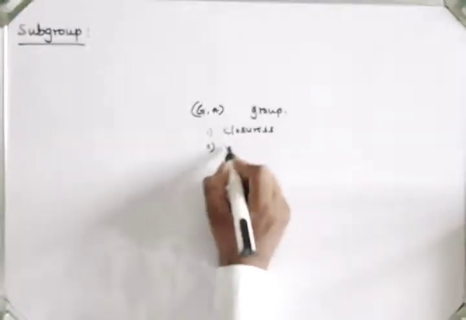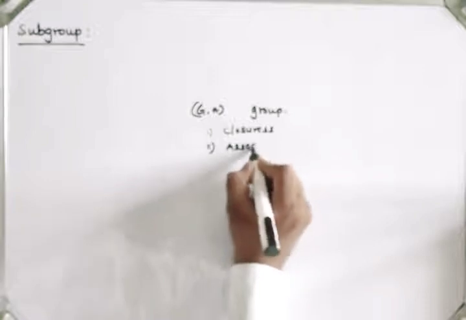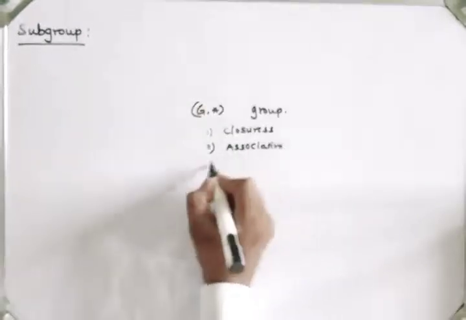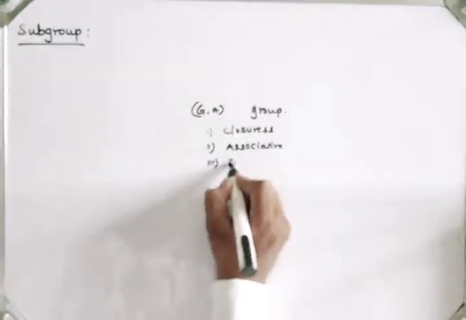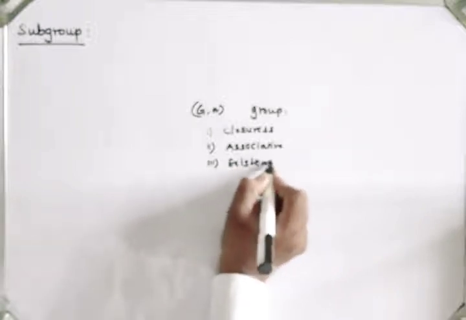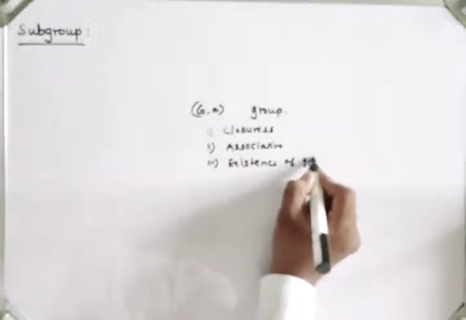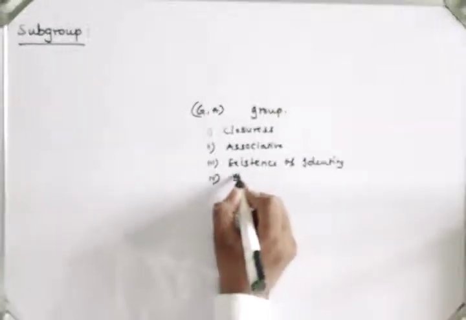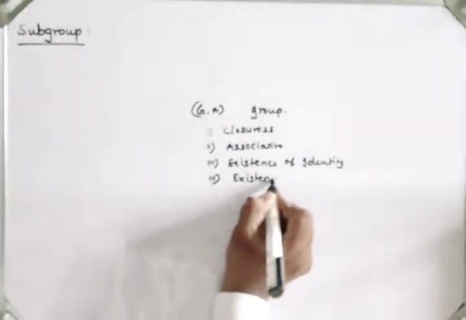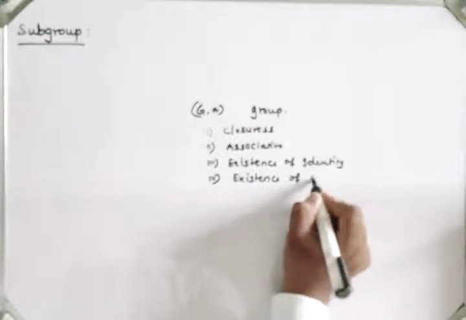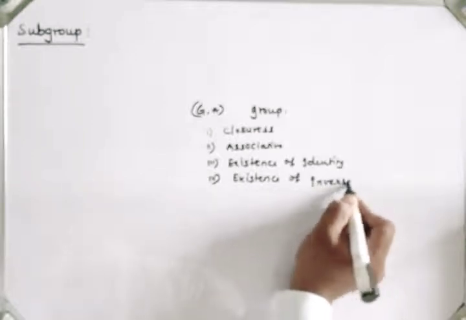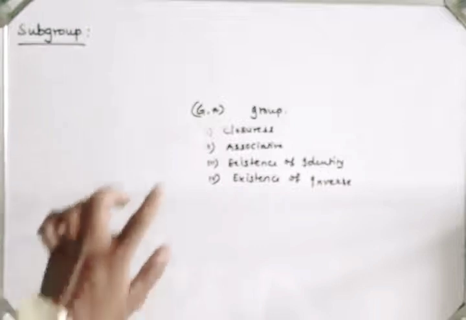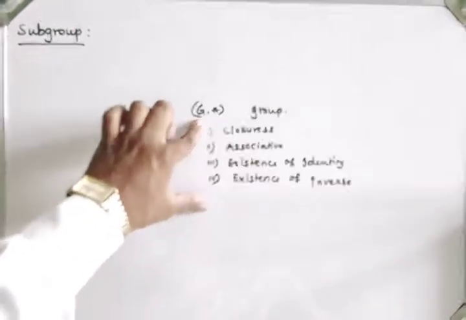Second, associativity in G is satisfied, meaning G is associative. Third, existence of identity, and fourth and last, existence of inverse. If these four conditions are satisfied, then we say that G under binary operation star is a group.